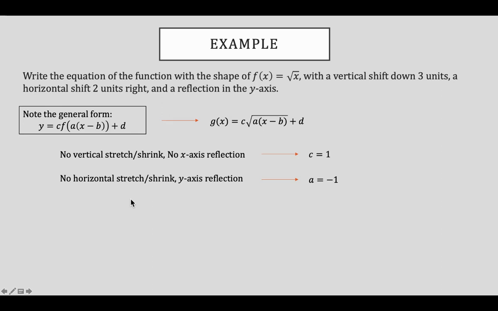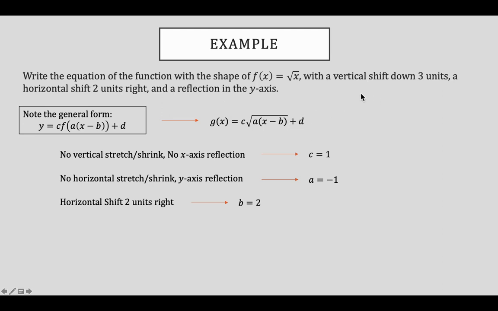B controls our horizontal shift. In this case, we want a horizontal shift 2 units to the right. If we want to shift the graph 2 units to the right, that means that we want b to equal 2. And finally, we have a vertical shift down 3 units. Well, that is controlled by our constant d.